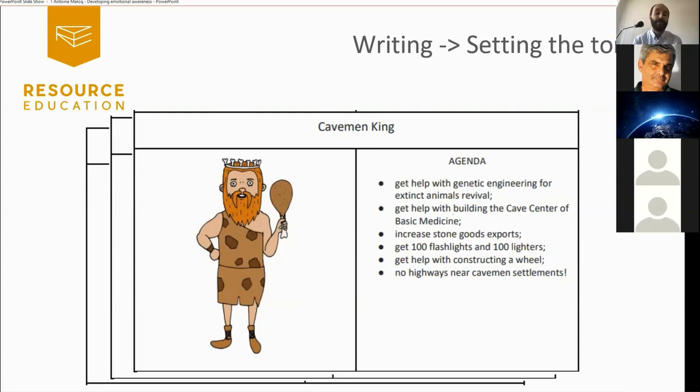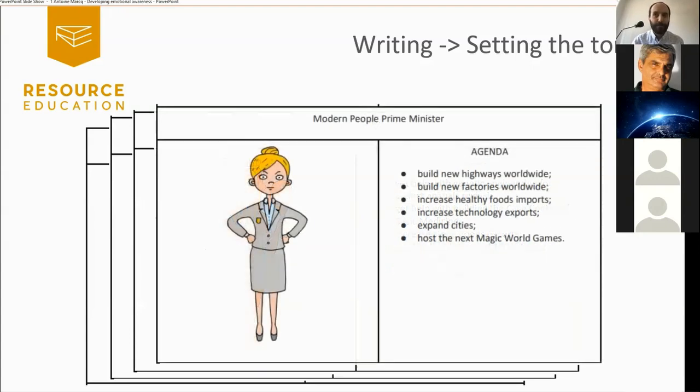They need to get 100 flashlights, 100 lighters, get help with constructing a first wheel. And last world leader, the modern people's prime minister. For each of these roles, they are going to think of 2 or 3 emotionally significant experiences to set the tone in their writing tasks.